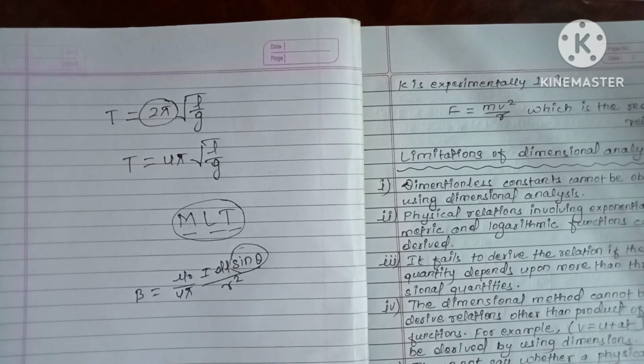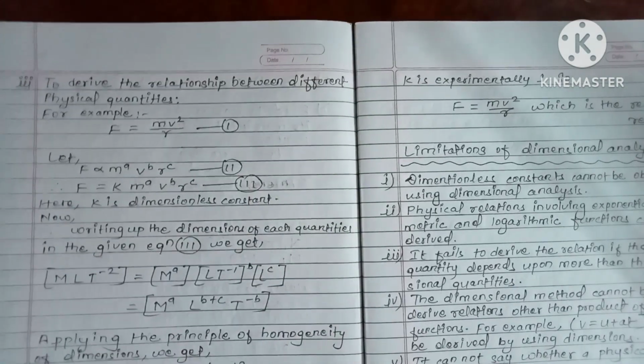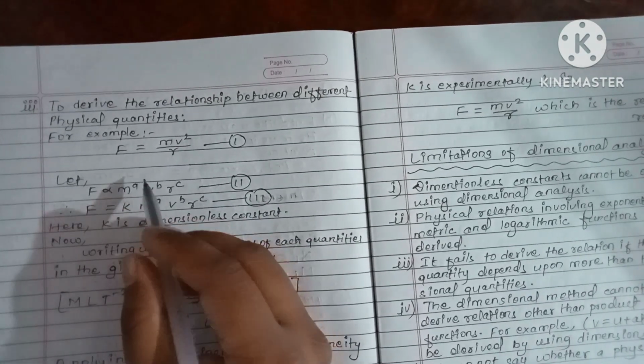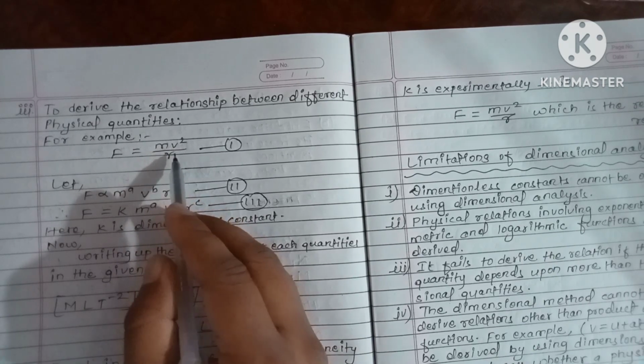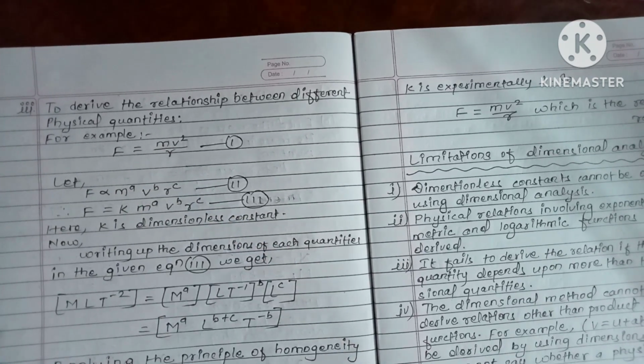Now the dimensional method cannot be used to derive a relation other than a product of powers of the quantities. Like in the examples here, we have the form of a product of powers, isn't it? Multiply or divide, then we can derive the relation using the dimensional formula.